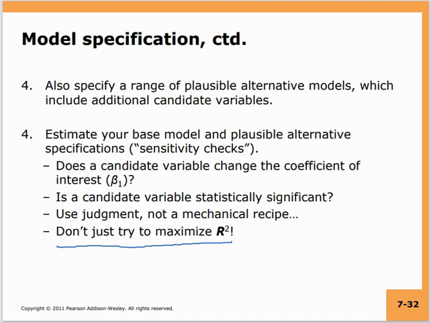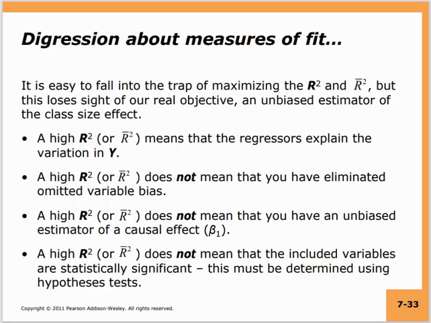As we have said before, in econometrics, we are often trying to look at the causal relationships. So our aim is to understand the beta 1 hats, and hence our main aim is not to maximize R square. So to talk about R square, we will talk a little bit about the measures of fit.